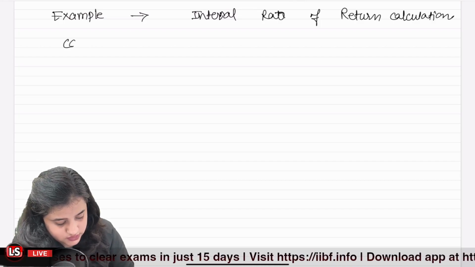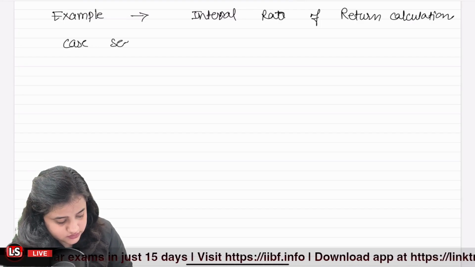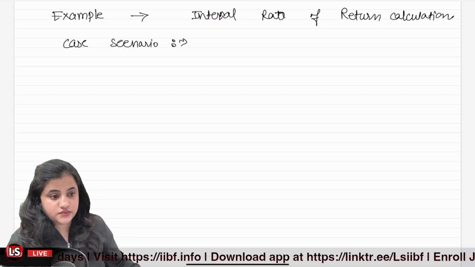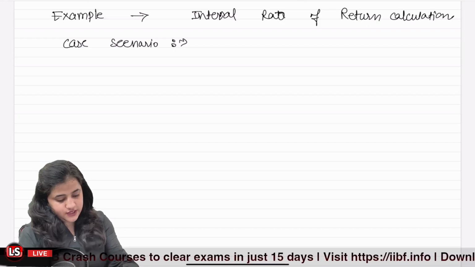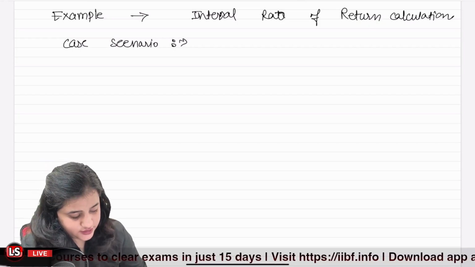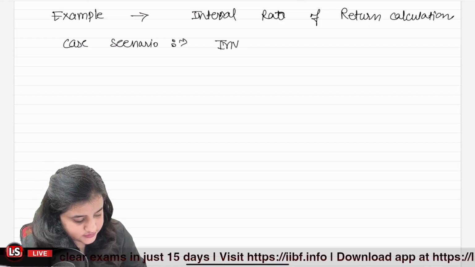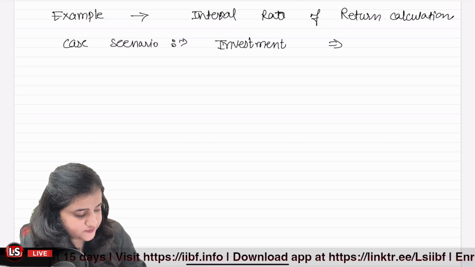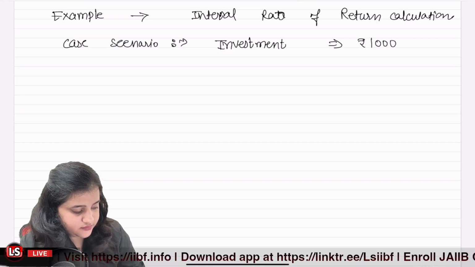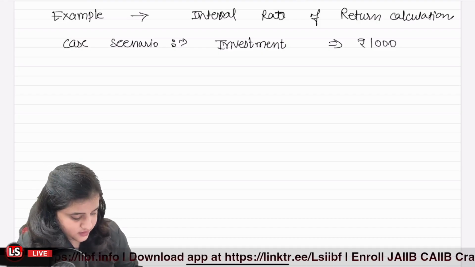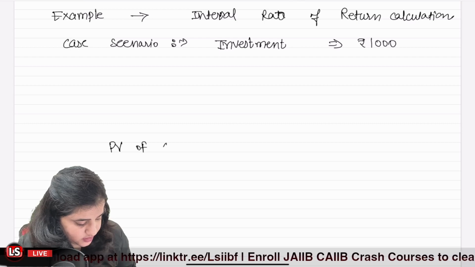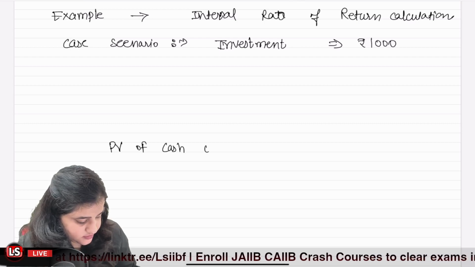So the case scenario is, we have an investment opportunity where our investment is rupees 1000 today. So this is my present value of cash outflow, I can say, right?